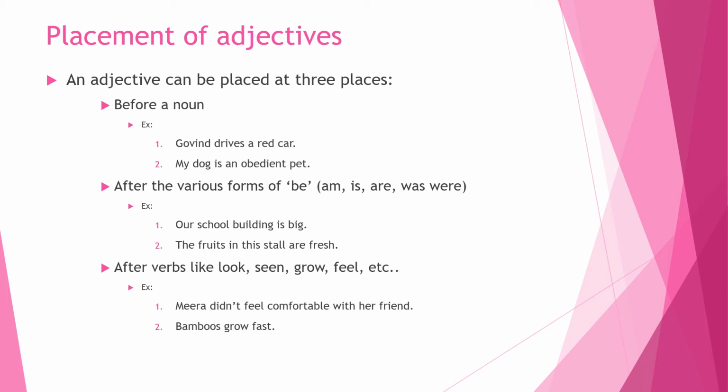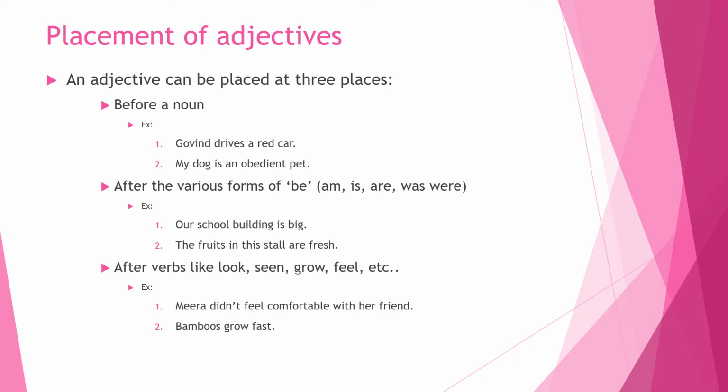In this sentence, pet is a noun and obedient is an adjective. As I told you, an adjective can be placed before a noun. In this sentence, obedient, that is adjective, is placed before the pet.